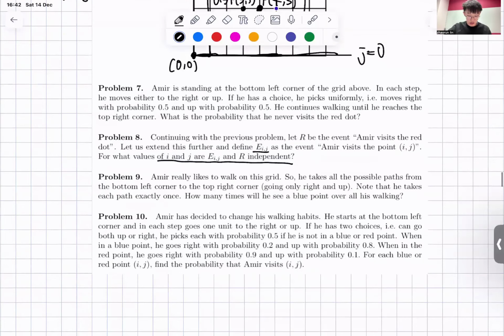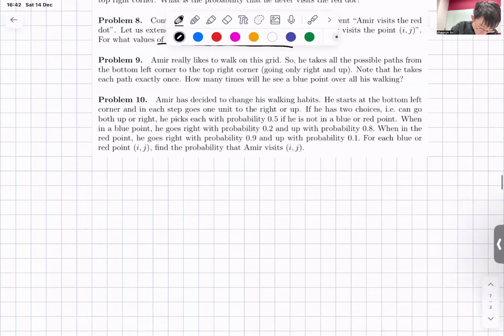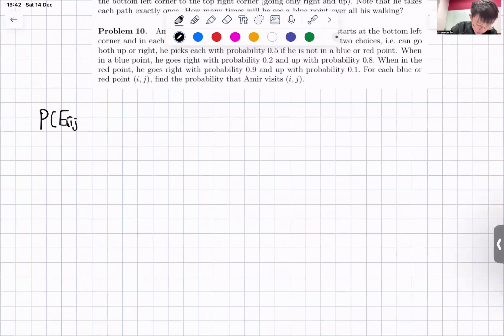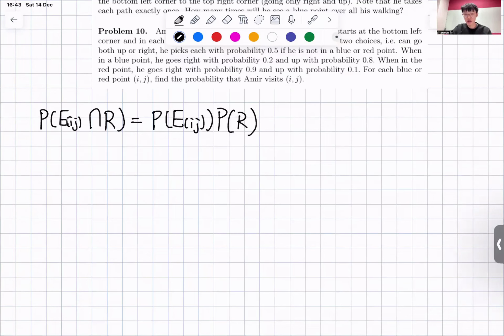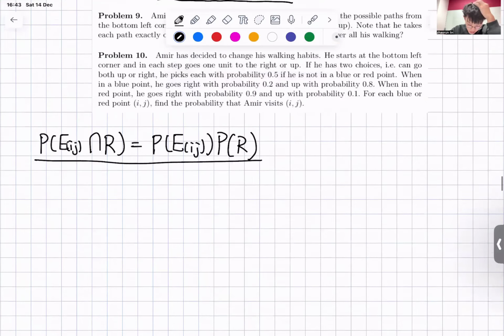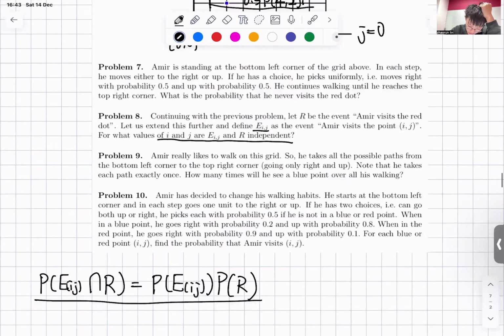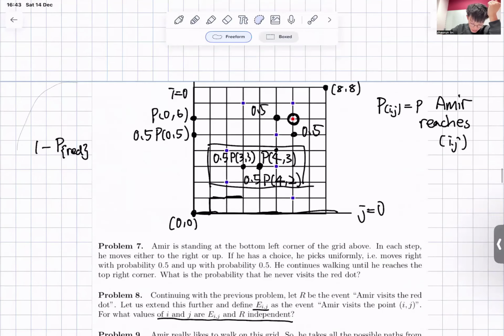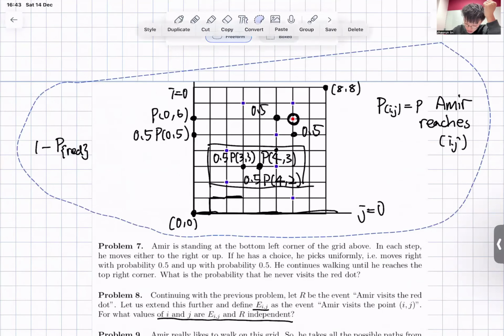So for Eij and R to be independent, we want their intersection to be equal to the product of their probabilities. So we want to have this relation. We can also write a Python program to compute that.